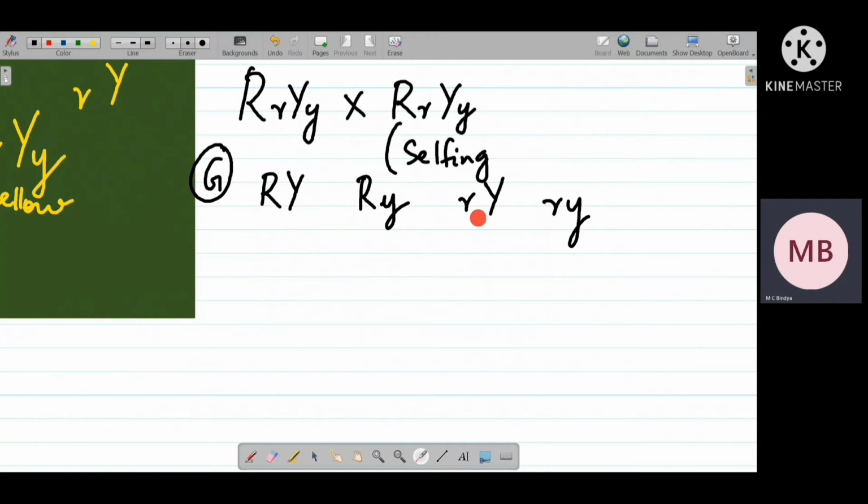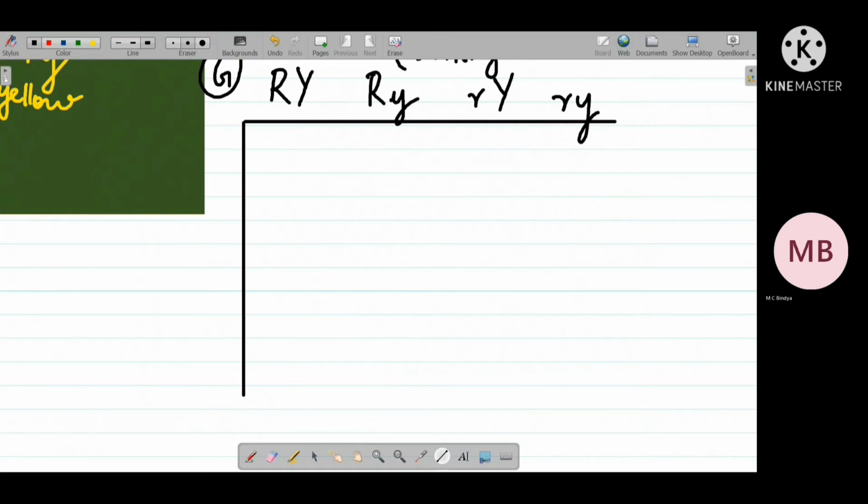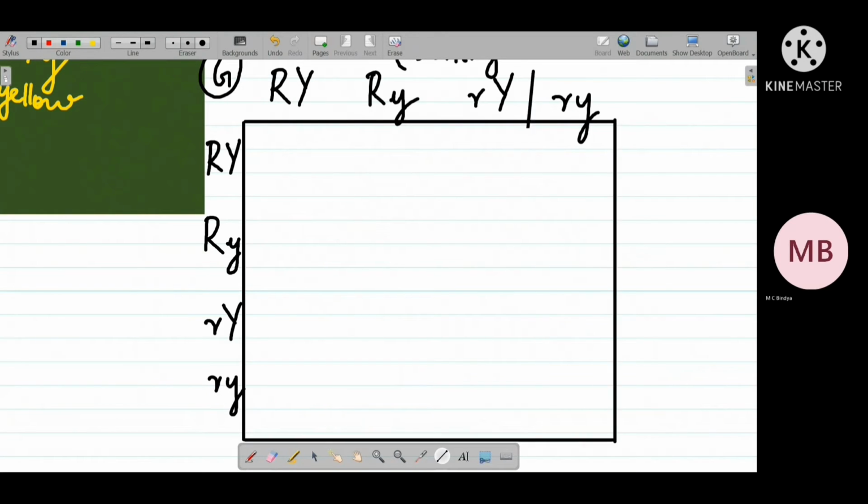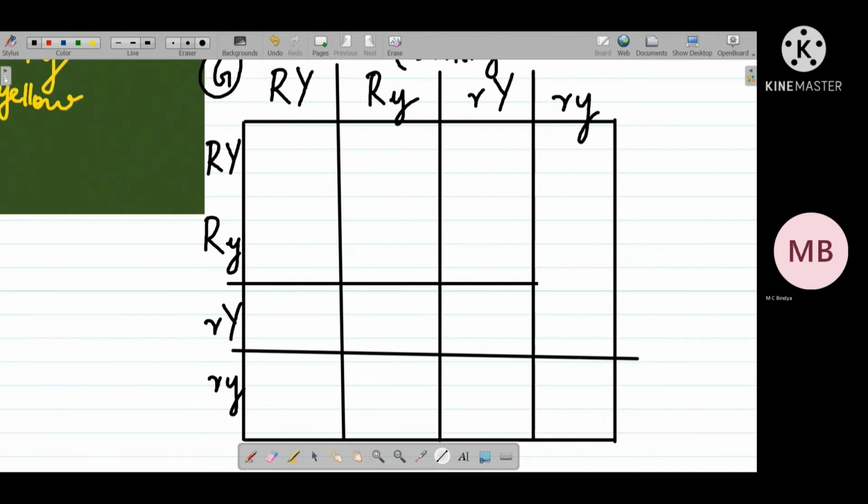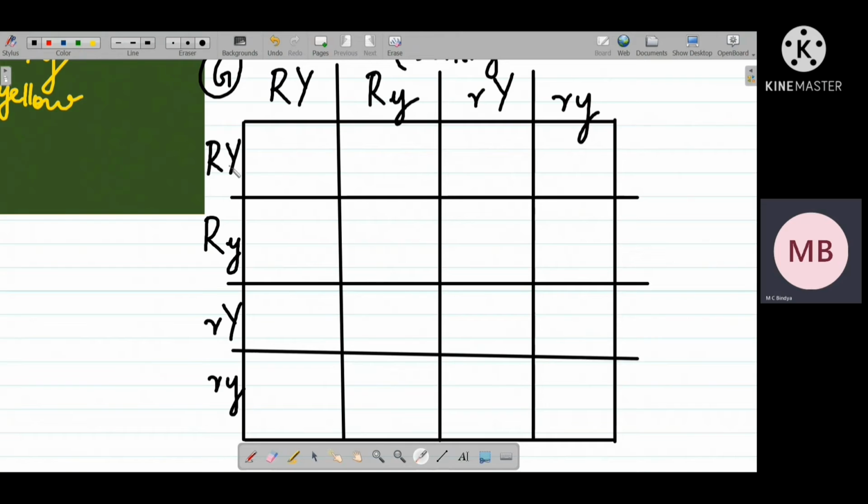So we got the following combinations of gametes from the first parent, and from the other parent also we will get the similar genotypes. Now we have to cross between the gametes.